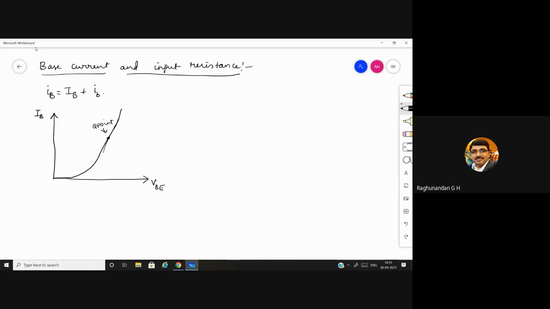What is the formula for the slope? y component by x component.